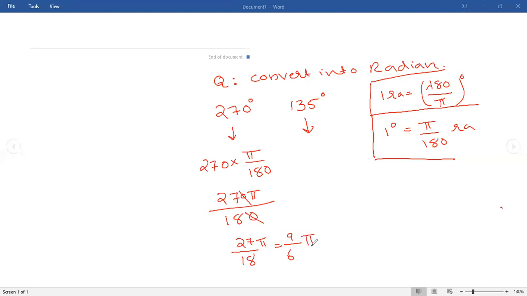So 9 by 6, you can again divide it by 3. So 3 by 2 pi will be the answer, isn't it? 3 by 2 pi is the radian of 270 degree. 270 degree is how many radian? That is 3 by 2 pi only. Is it clear?